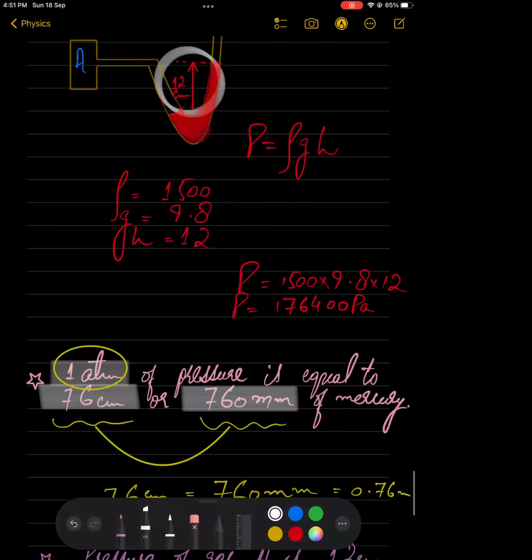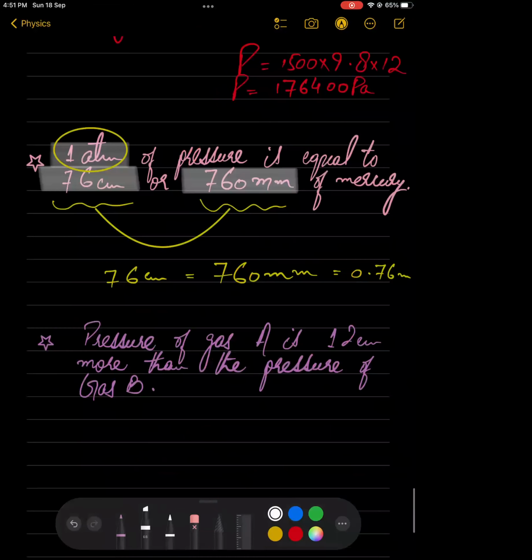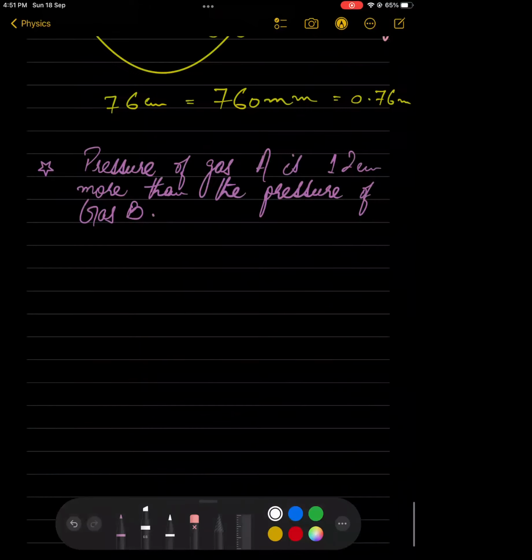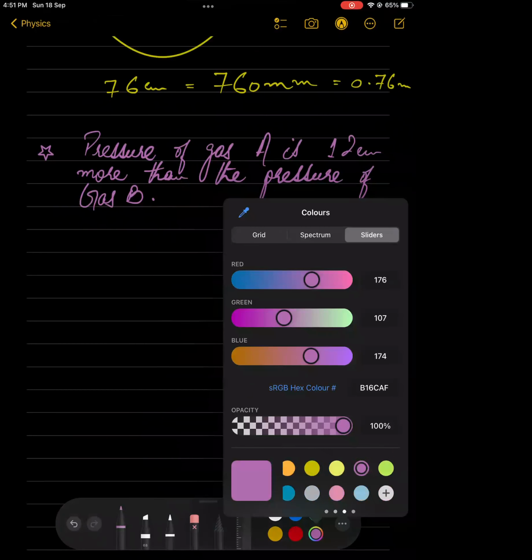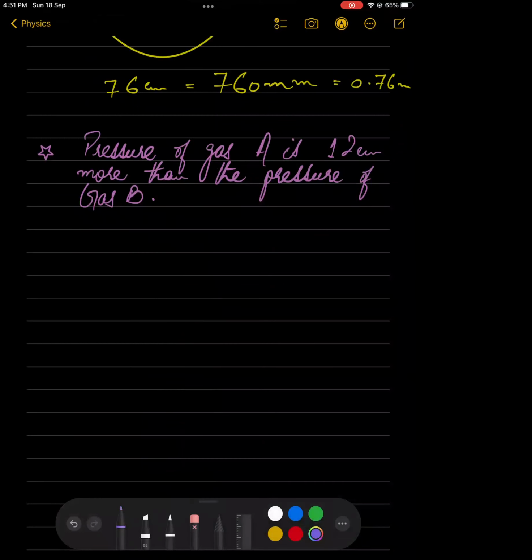और अगर हम इसको differently लिखना चाहें, like we want to write it the other way around, तो फिर कैसे लिखेंगे? फिर हम इसको लिखेंगे that the pressure of gas B is 12 centimeter. गैस B का प्रेशर ज्यादा है या कम है? Can anyone of you tell me?